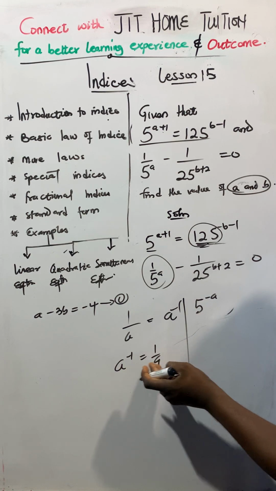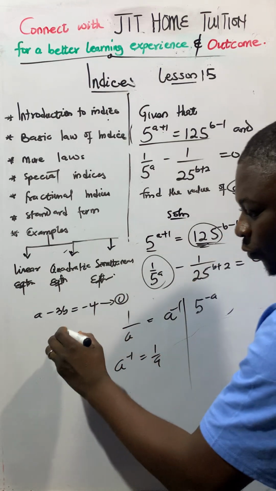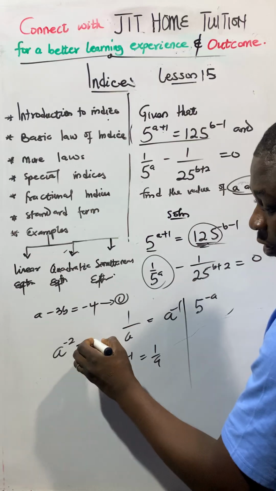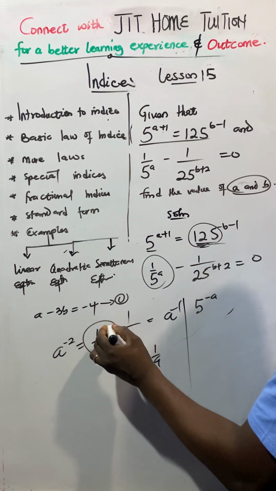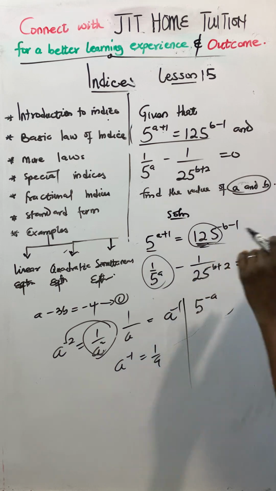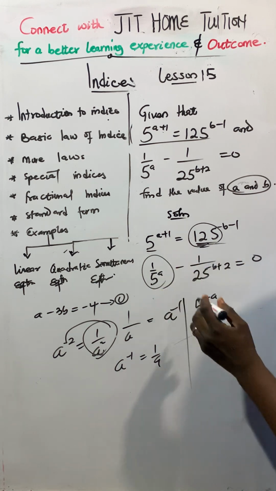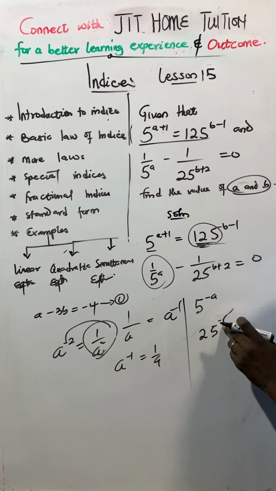Look at what I've done over here. Because we also said that when you have a exponent, let's say negative 2 like this, it becomes 1 over a exponent 2. So when you have something like this, you can reverse it to what you have over here. Then this one too could also be changed, that is 25 exponent negative b, then we have 2 like this.